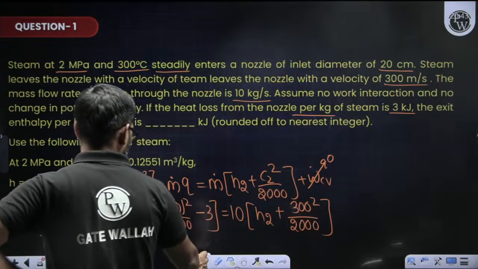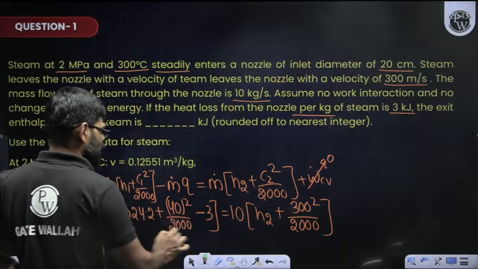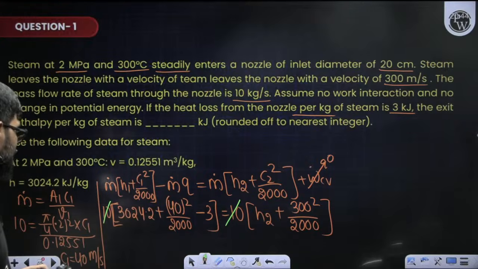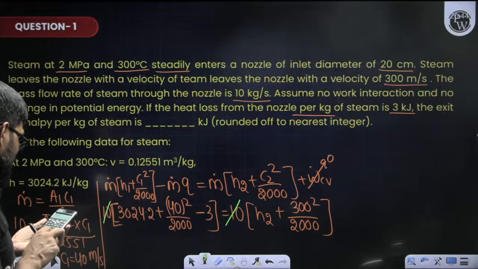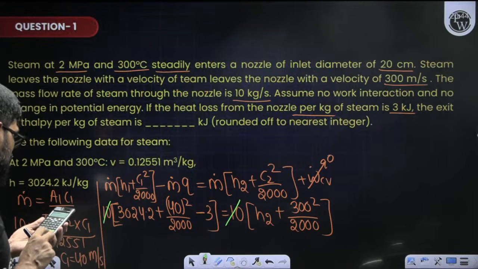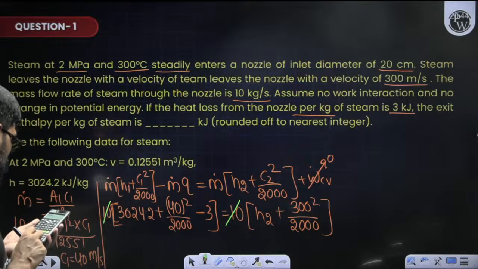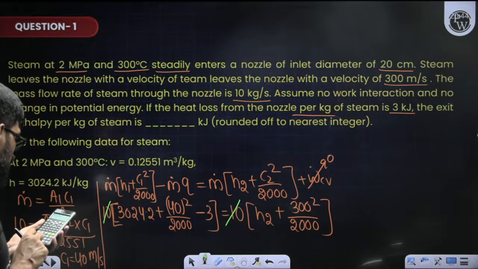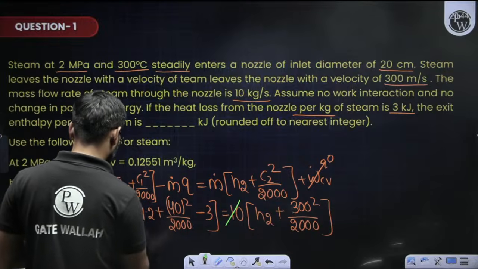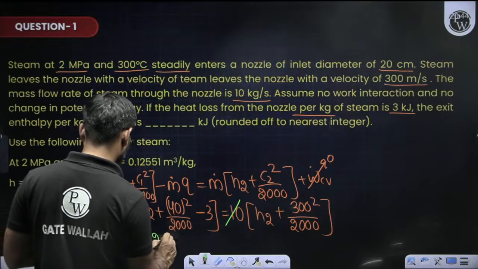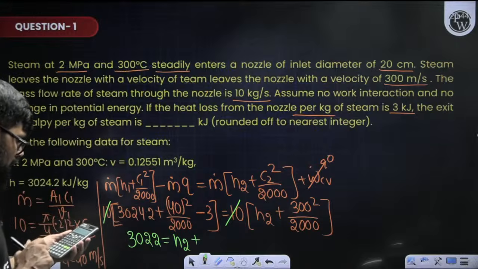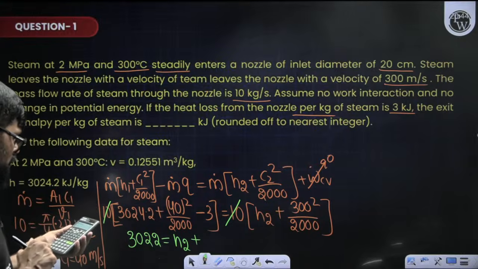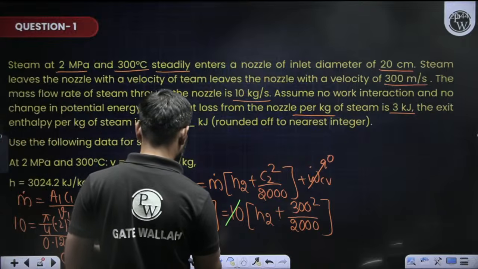Now if you look at it, it is a very easy calculation. The 10 is going to be cancelled out, so the H2 value you need to calculate. You get 40 square divided by 2000, which is 0.8, minus 3, plus 3024.2, so this value will come to 3022, equal to H2 plus 300 square divided by 2000, which is 45.